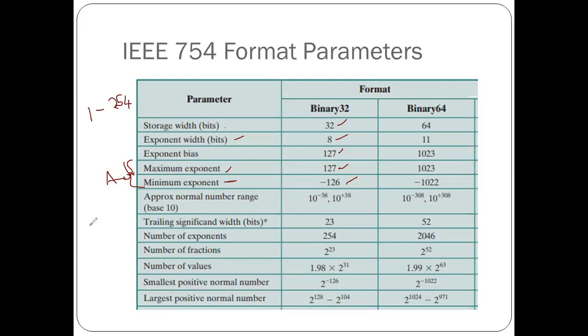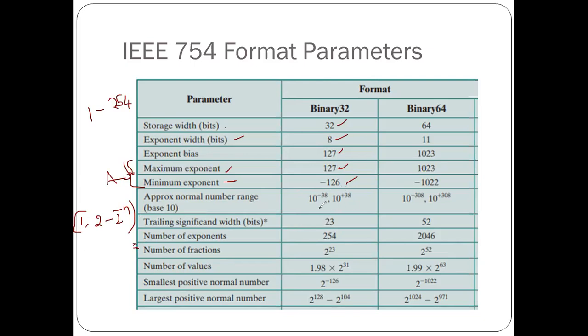With which we can approximate the number. We have our number 1.f, that is 2 minus 2 power minus n, multiplied by the exponent. The exponent varies from 2 power plus 127 on the positive side to 2 power minus 126, the very least value.